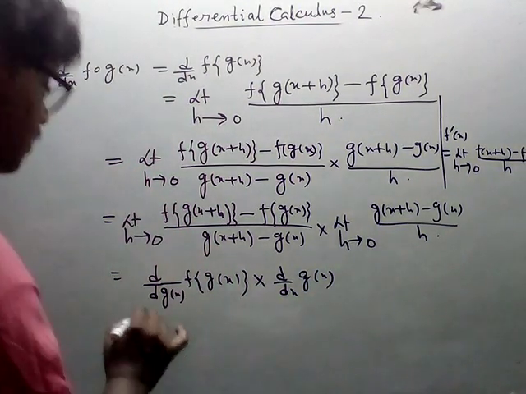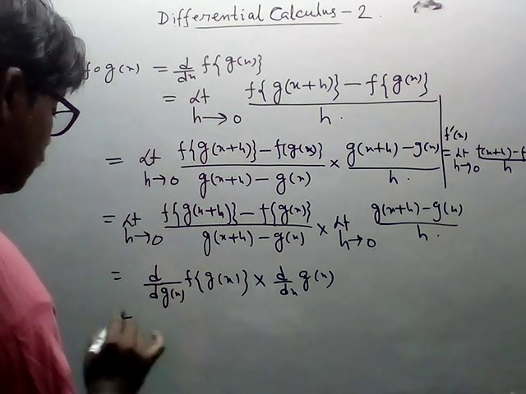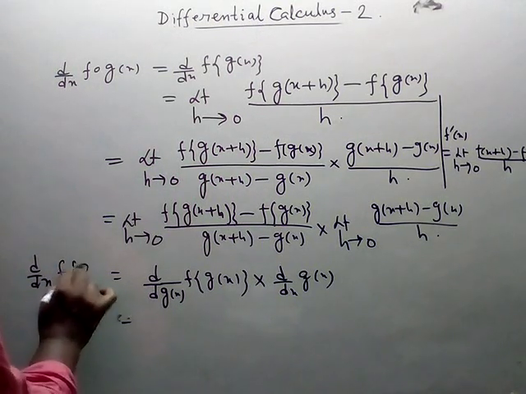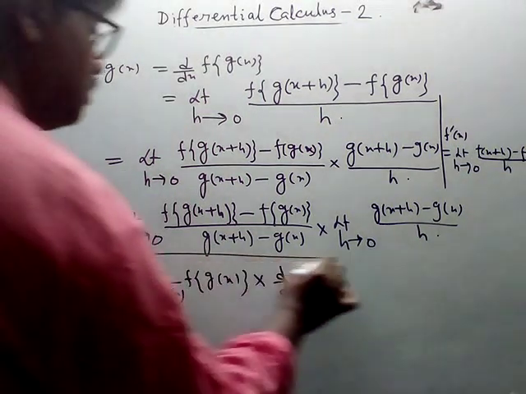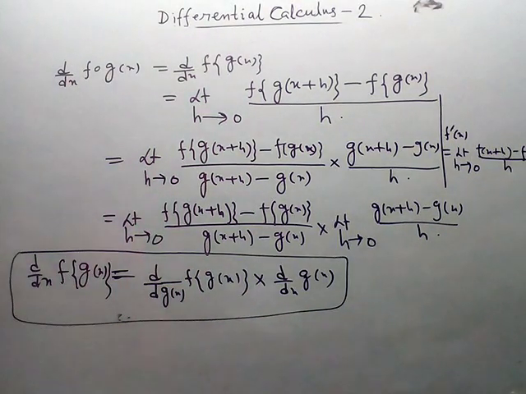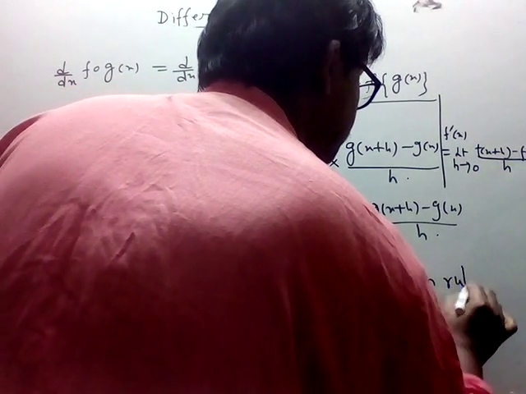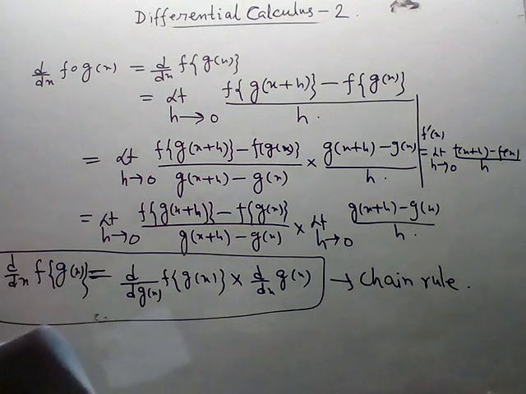So we can write this: d/dx of f of g(x) is equal to this. This rule is called the chain rule. It's called the chain rule.